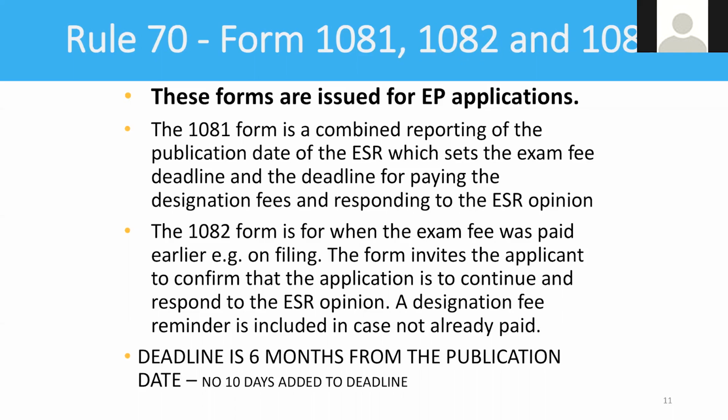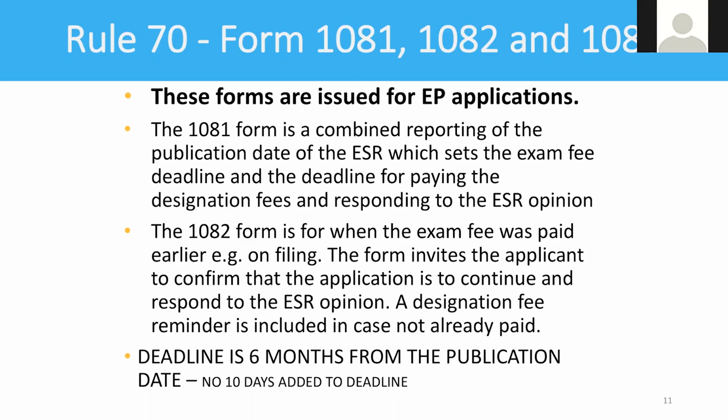Yep. So when the Form 1081, 1082, or 1083, whichever one applies, the Rule 70 communication, comes through, that's when they are able to calculate the actual deadline, correct? Correct. Forms 1081, 1082, and 1083 are communications that report the publication date of the search report. This is what the hard deadlines are docketed off of.